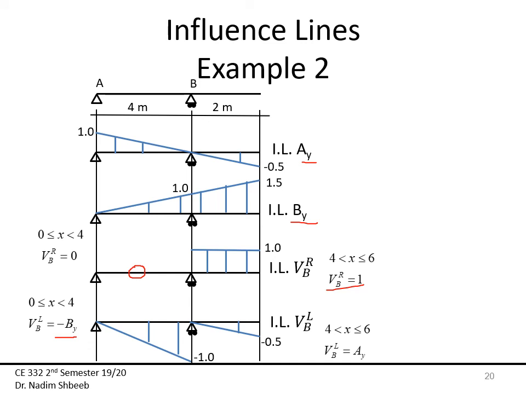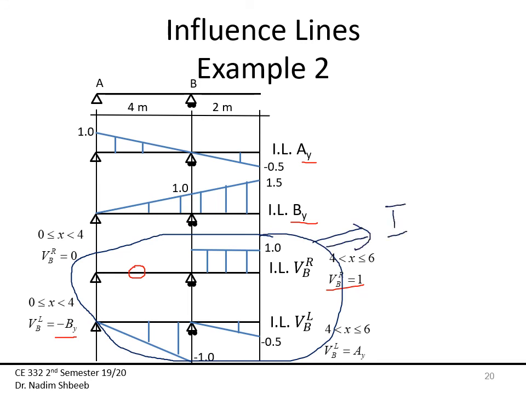Okay, so these two figures, and let me use a different color like that. So this influence line here, both of these, represents the influence line for the shear at B. You need two. You need VB right and you need VB left because it is at the support.